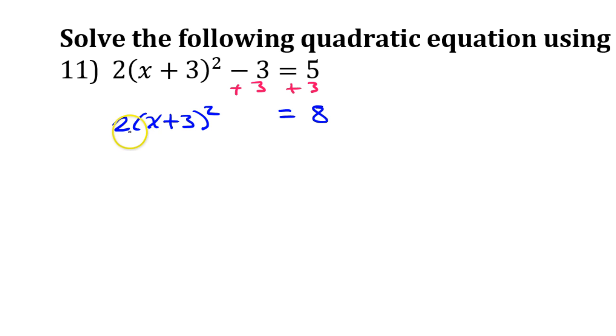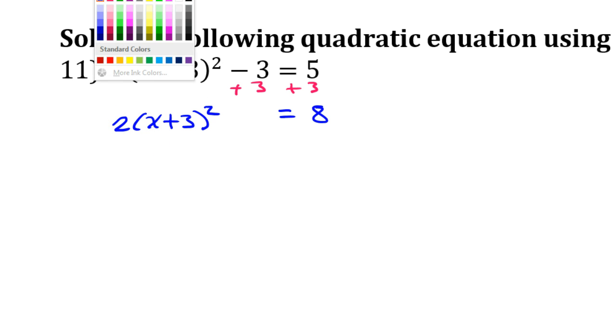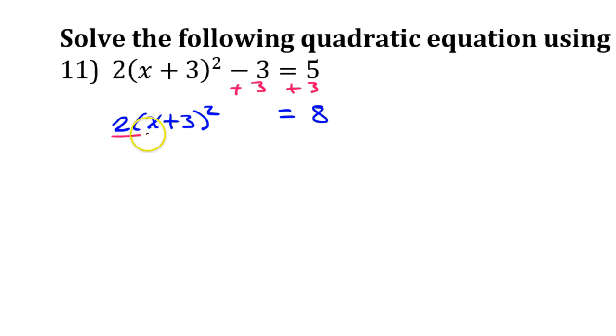Now we want to get rid of this 2 before we start taking any square roots. So we would divide both sides by 2 next, like this. That way these 2's will cancel each other out. So that's going to give us x plus 3 squared is equal to 4.